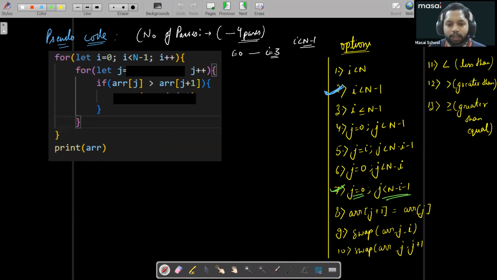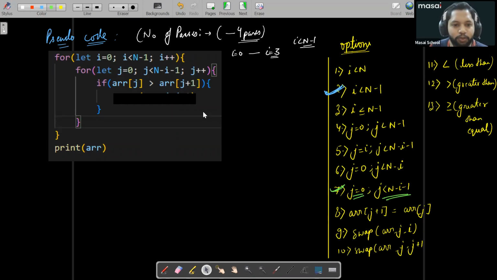I am simply allowing this bracket to open. Okay. Now I think there is no blanket for that. So now if array J is greater than array J plus 1, I am always saying, if this element is greater than this one, then what do I need to do? Swap.